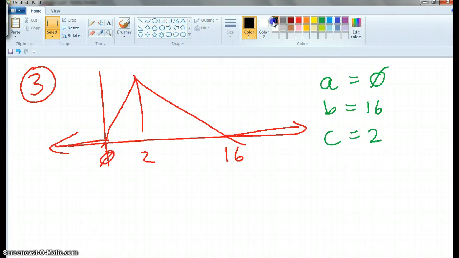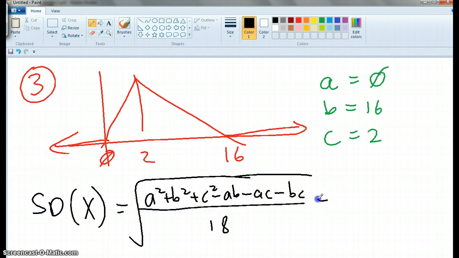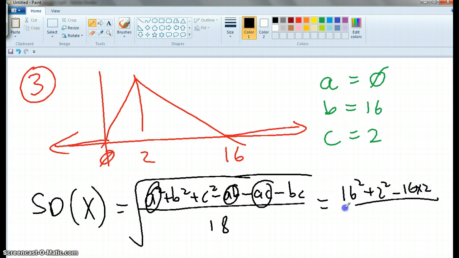Standard deviation. So the standard deviation of random variable x equals this lovely formula, a squared plus b squared plus c squared minus ab minus ac minus bc all over 18, which is going to equal 0 squared plus 16 squared plus 2 squared minus ab, which is nothing, ac, which is nothing, so these two disappear, so I've got minus bc, so minus 16 times 2, all over 18.